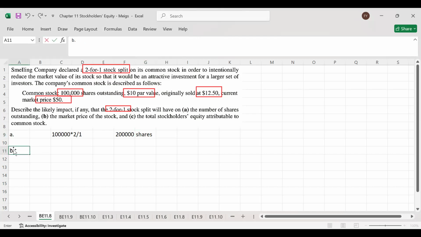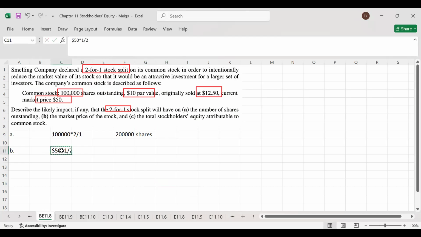In part B, they have asked the impact on the market price of the shares. So market value is $50. Because they are splitting 2 for 1, the market price is $50 and we are multiplying it by 1 divided by 2.